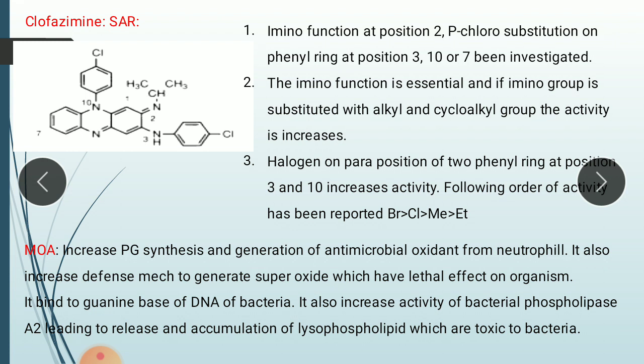It also binds to the guanine base of bacterial DNA. It also increases the activity of bacterial phospholipase A2, leading to release and accumulation of lysophospholipids, which are toxic to bacteria. So that is the mechanism of action of clofazimine.